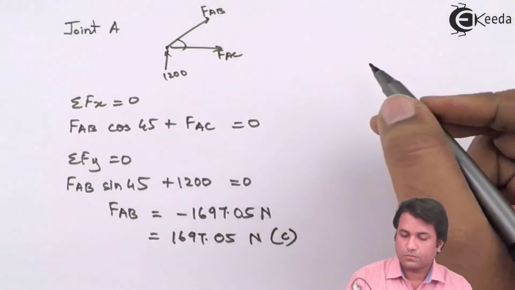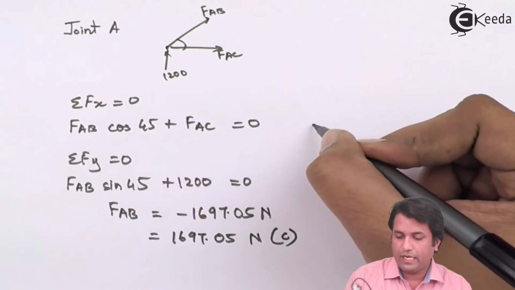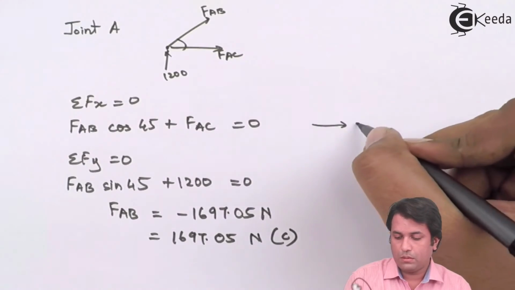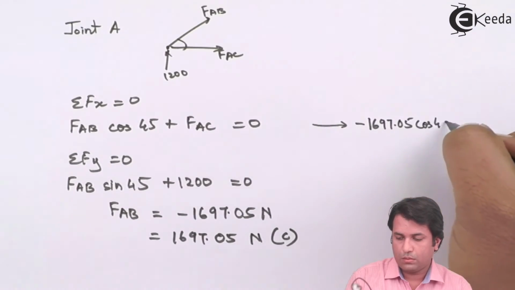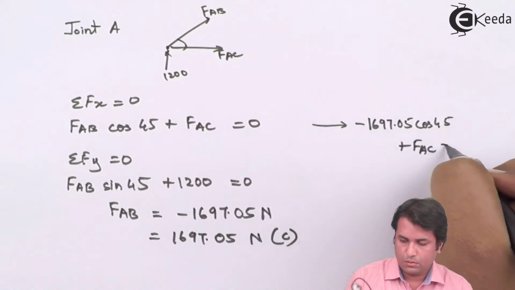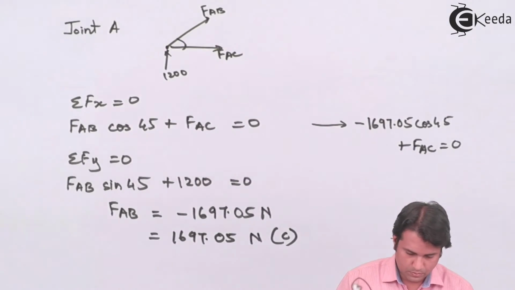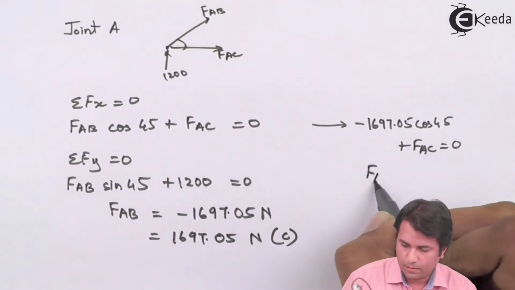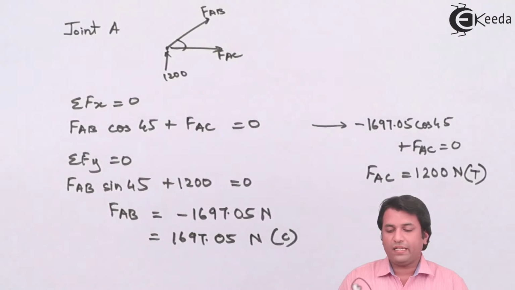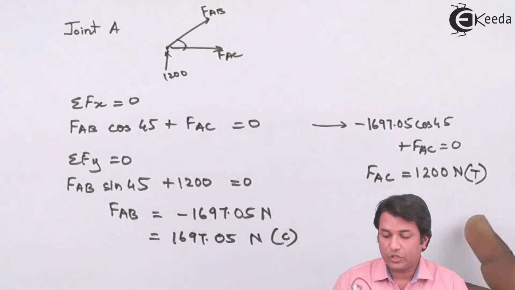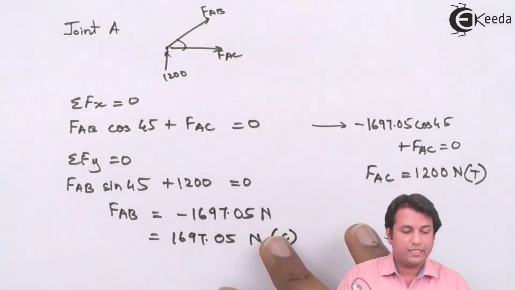So this equation will become... I'm getting the force in the member AC as 1200 newtons and that is tensile.